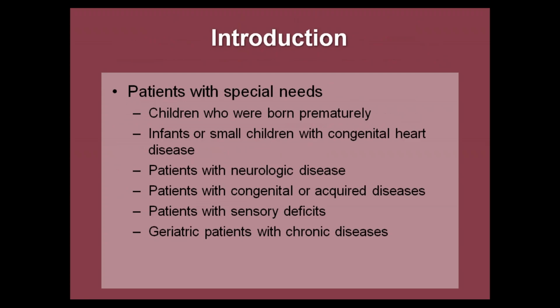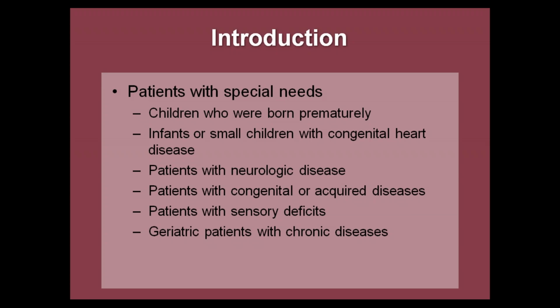All right. Many people with chronic diseases and injuries live at home or in other environments outside of the hospital. So we need to make sure that we're aware of these individuals and the special considerations that we need to take for them.